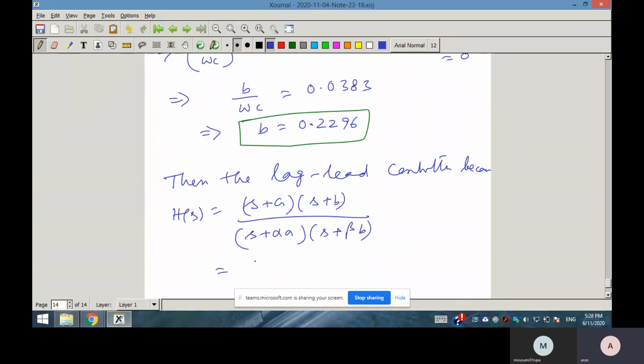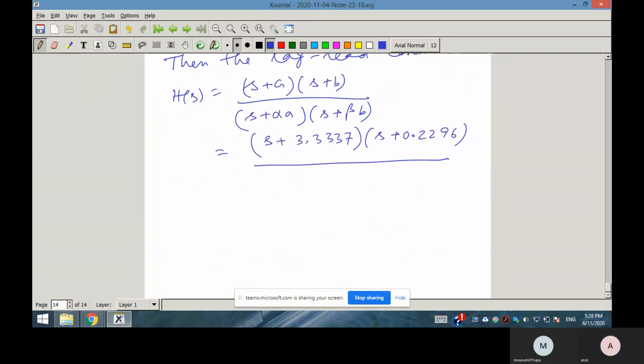So this will be equal to (s plus 3.3337)(s plus 0.2296) divided by (s plus alpha into a).